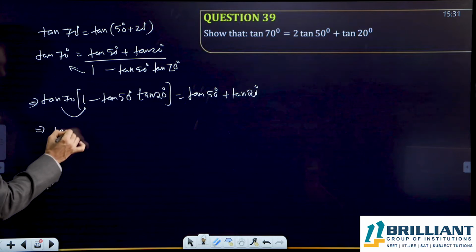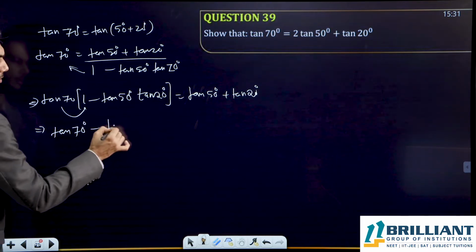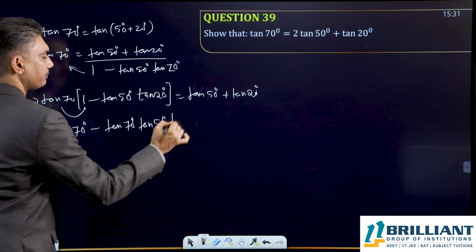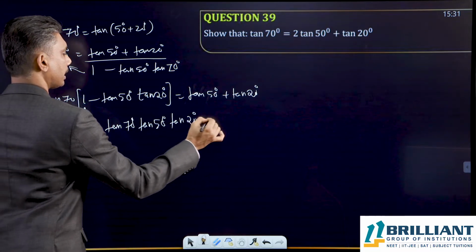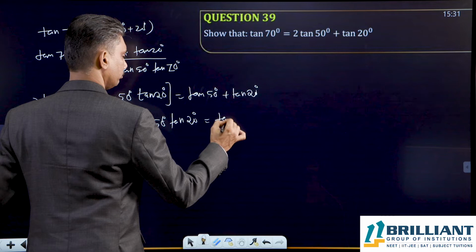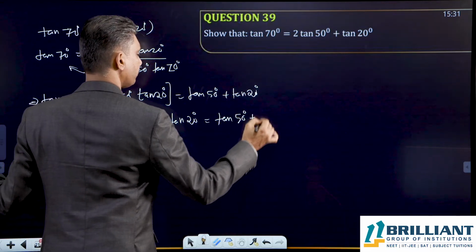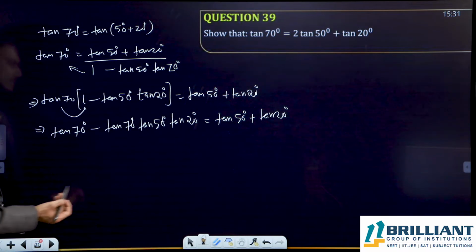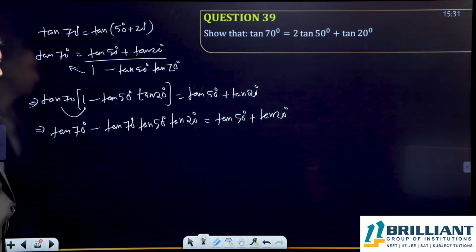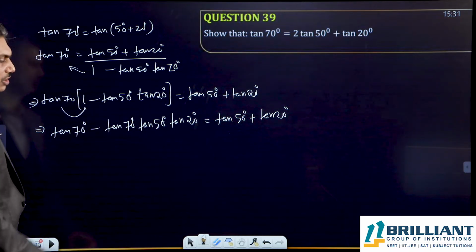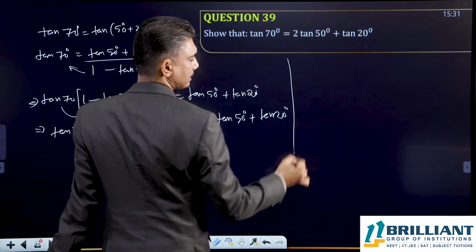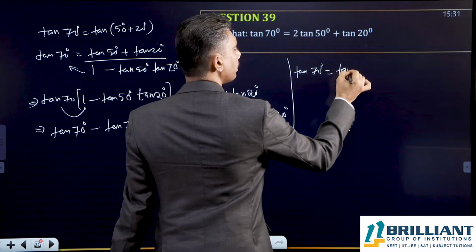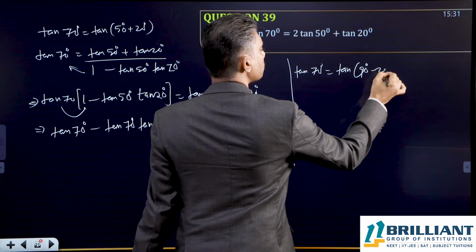I just multiply the bracket, that is tan 70 minus tan 70 tan 50 tan 20 is equal to tan 50 plus tan 20. Now tan 70 you can rewrite as tan 90 minus 20.